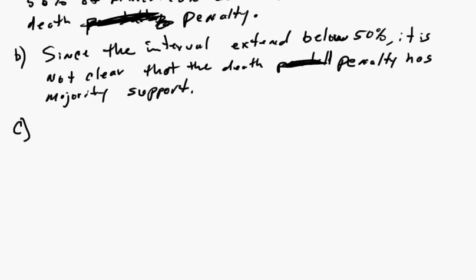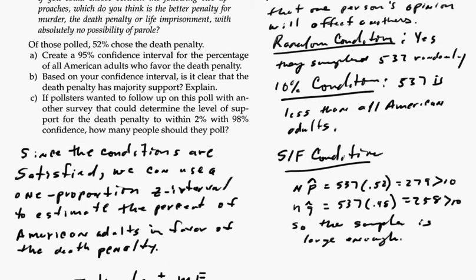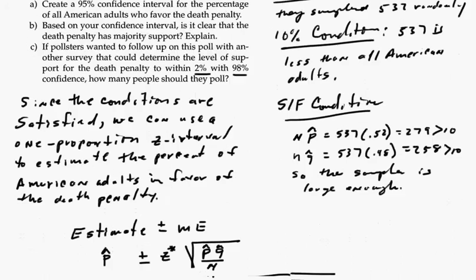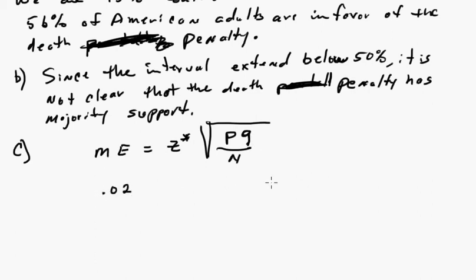Alright, so I think there's one more question. They wanted us to find the sample size if we wanted a margin of error of 2% with a 98% confidence. Alright, so let's think about this. The margin of error is equal to z star times square root of pq over n. Okay, so we want 0.02.